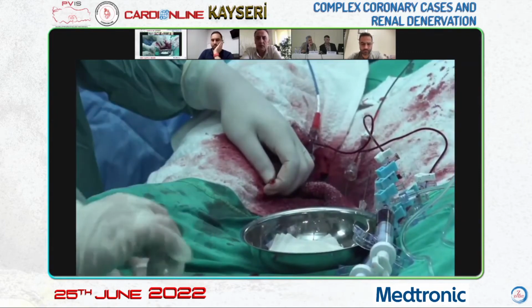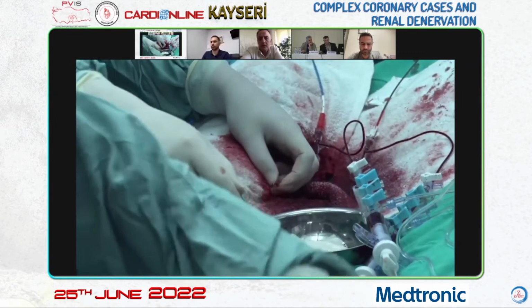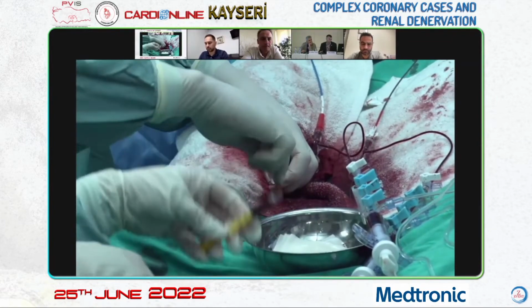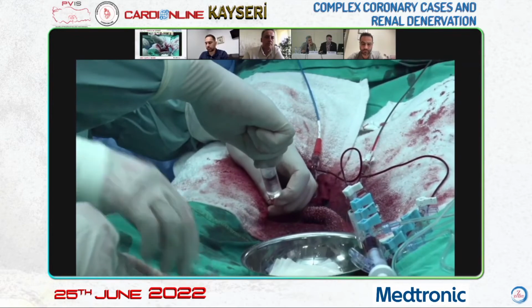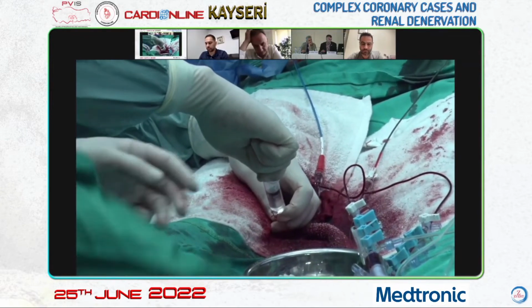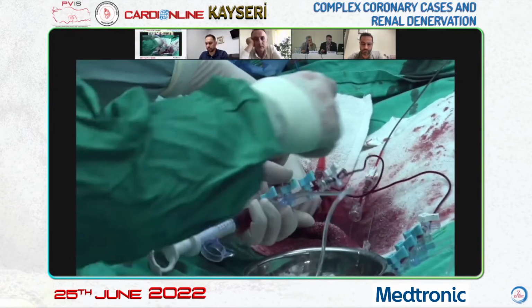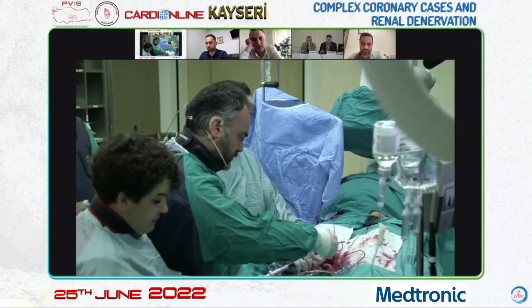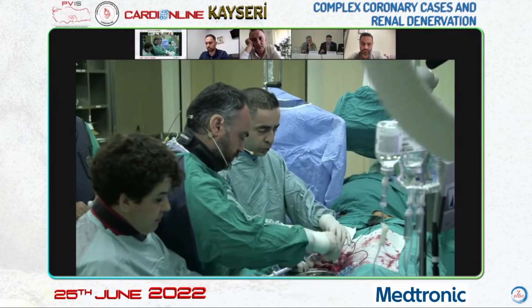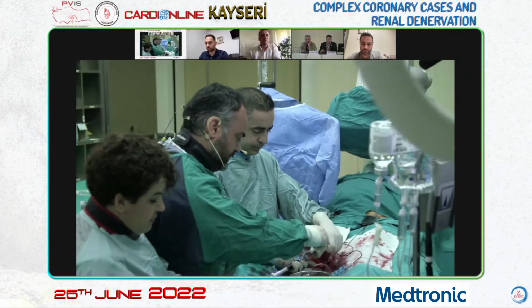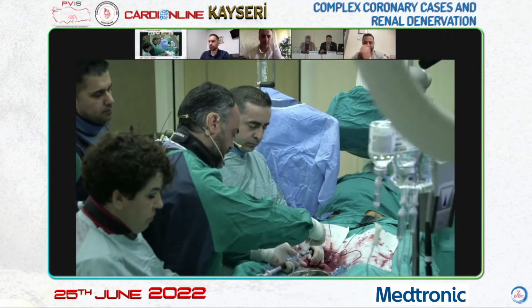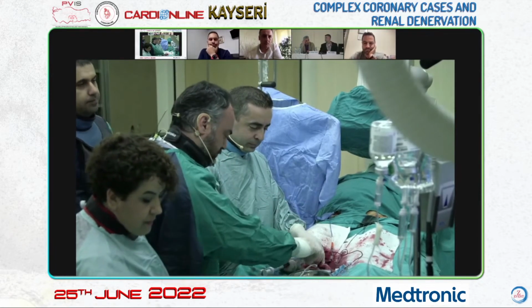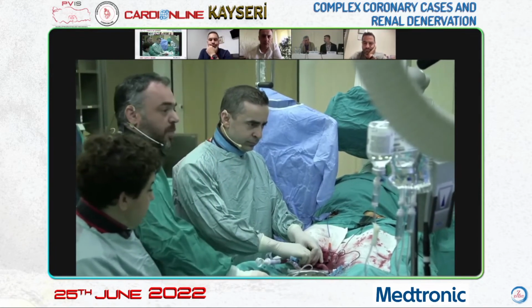No doubts about this, right? We see the release. The blood flow is really good. We can measure the pressure. And the demonstrations are quite good.